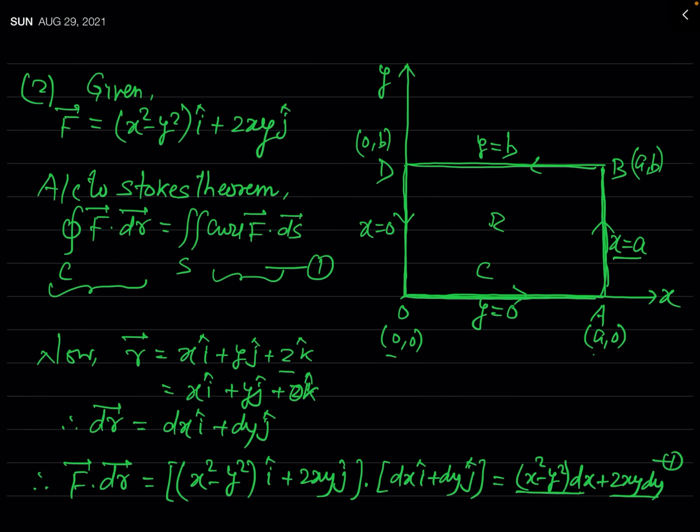When you move from B to D, y remains constant at a particular value b, but x varies from a to 0, because the x coordinate of point B is a and that of point D is 0.